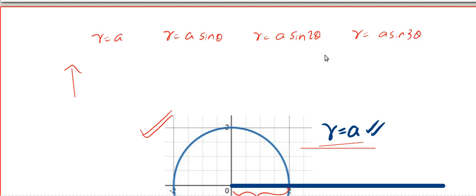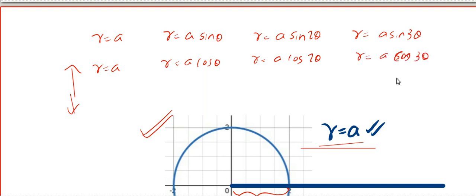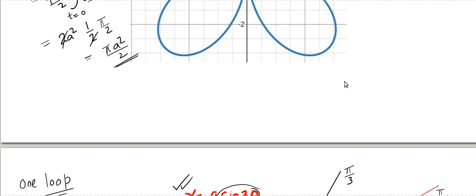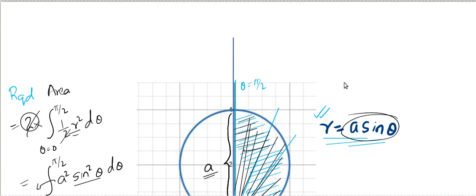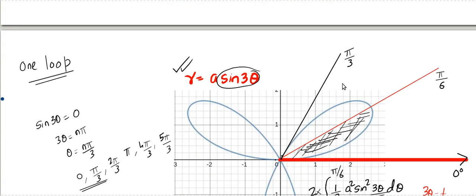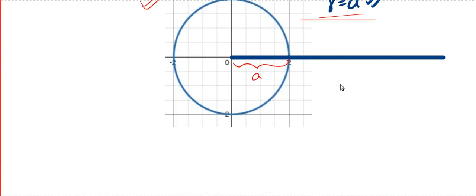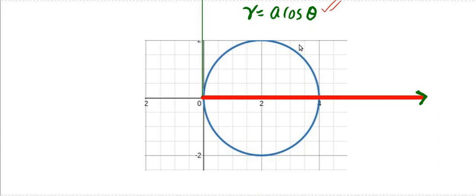This was the pattern. Now the pattern will be r is equal to a cos theta, r is equal to a cos 2 theta, r is equal to a cos 3 theta. So look at this, you can once more check the pictures. That's exactly what we did. Circle, circle, again 4 loops and 3 loops, and okay, so let's move on.